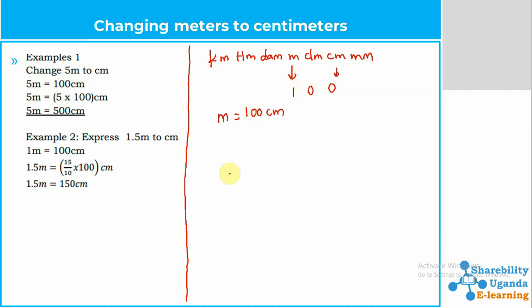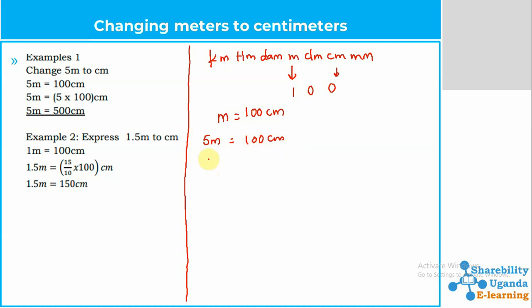So now we can say that 5 meters, when we are dealing with a big unit to a small unit, the number has to increase, so that is multiplication.